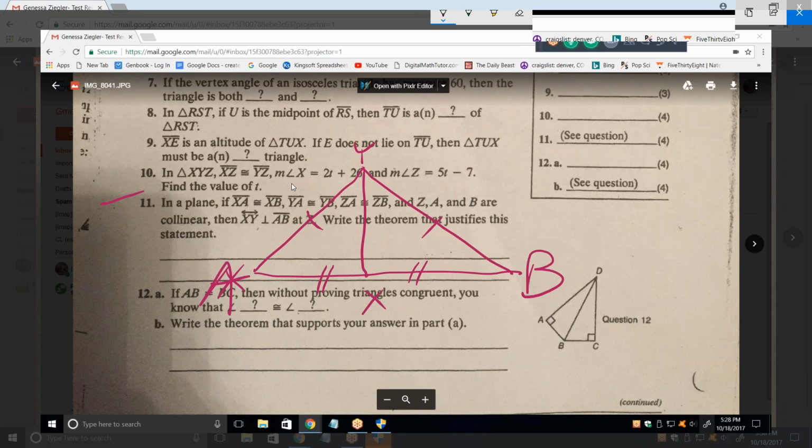And ZA is the same as ZB. Okay. Where is Z? ZA, let's make ZA there. Almost has to be that picture.